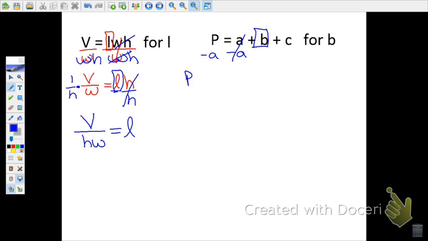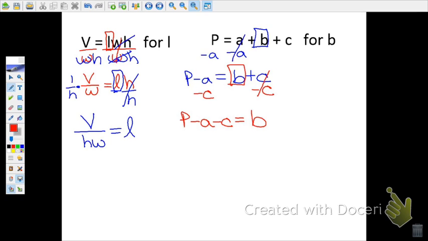And I have P minus A equal to B plus C. I want that B by itself, so I'm going to subtract C. So P minus A minus C equals B.